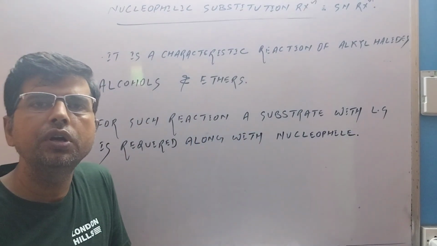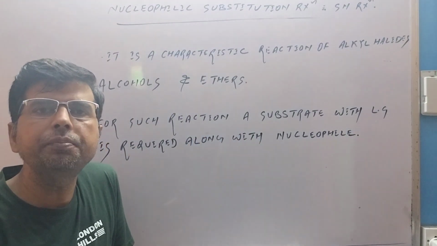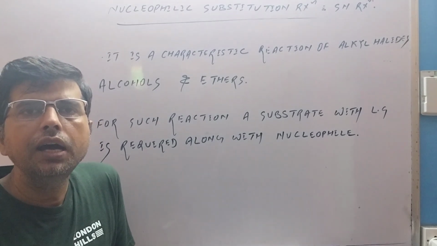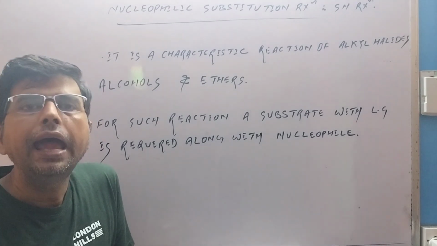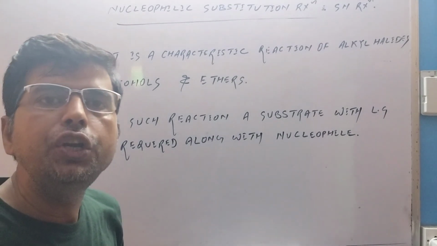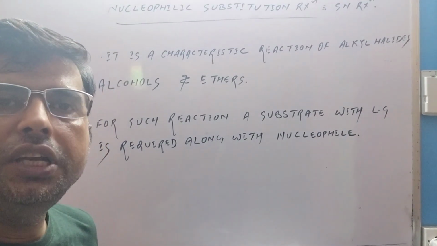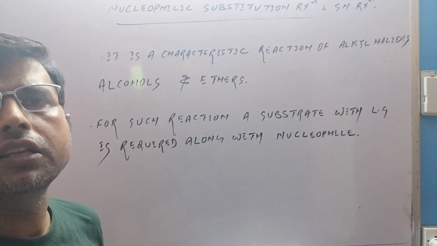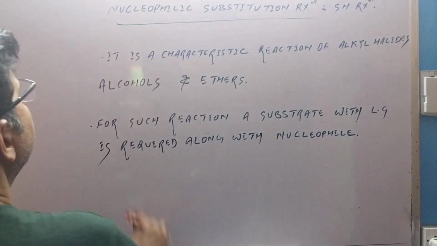See, as we know, substitution reaction simply means replacement of an atom or group by another atom or group. And if this replacement is via nucleophilic attack, it means substitution due to nucleophilic attack is simply considered as nucleophilic substitution.